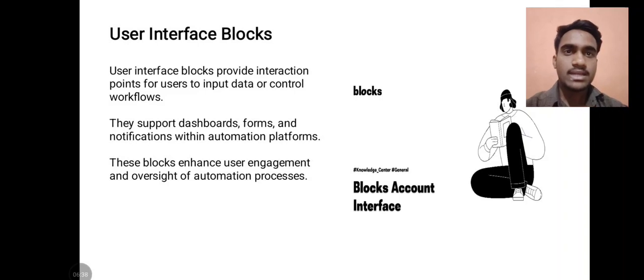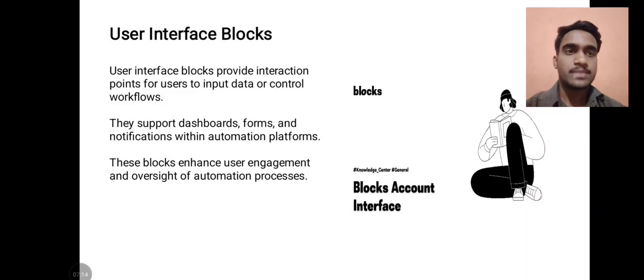It provides the necessary things, and supports forms and notifications within automation platforms. The notification is received from the automation process, and these blocks enhance user engagement and oversight of automation processes. By using these user interface blocks, automation engages with the users, and it is very easy to interact with the users.